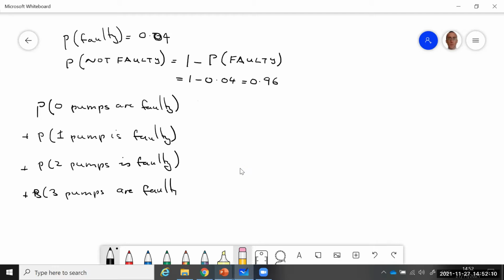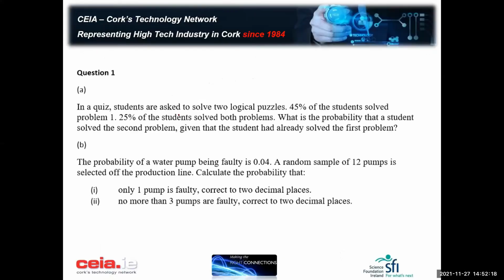So we've accounted for all the different scenarios covered by the phrase no more than 3 pumps are faulty.